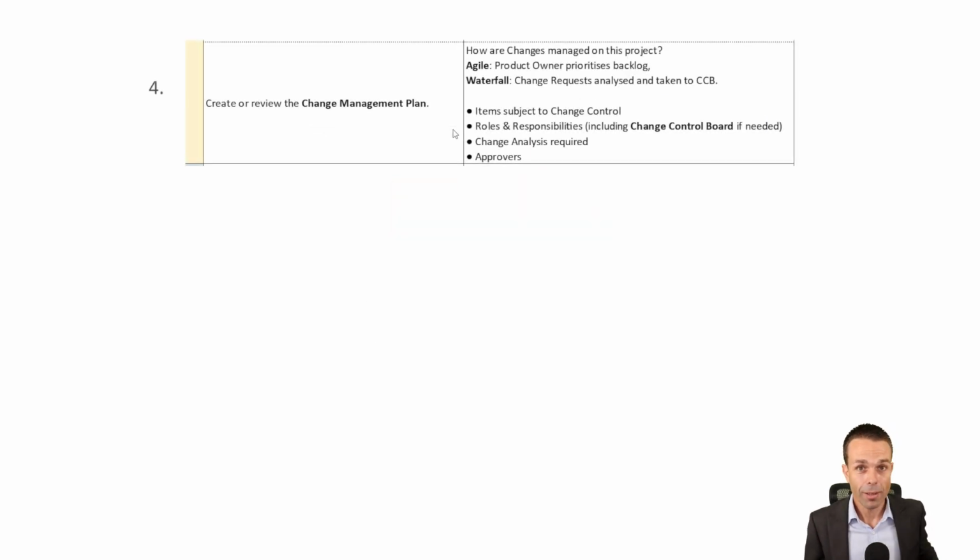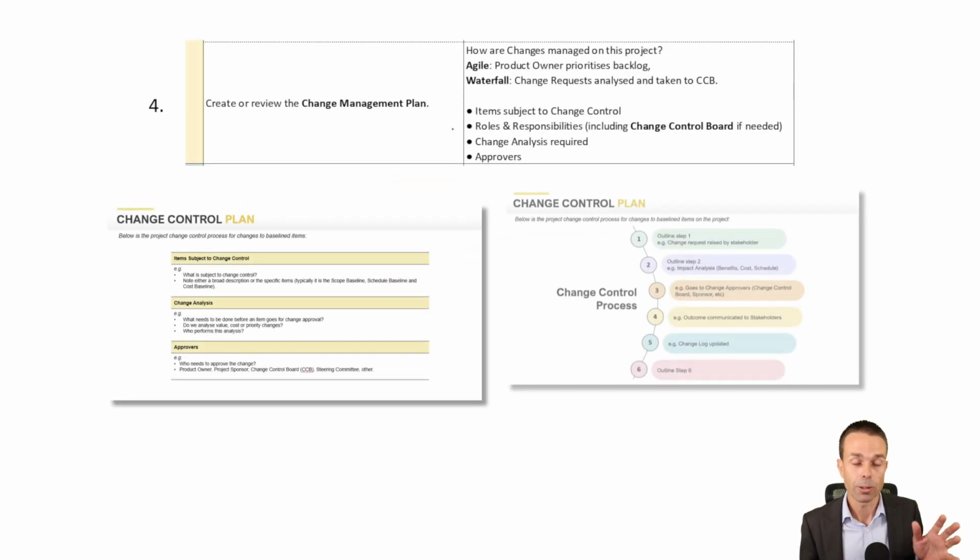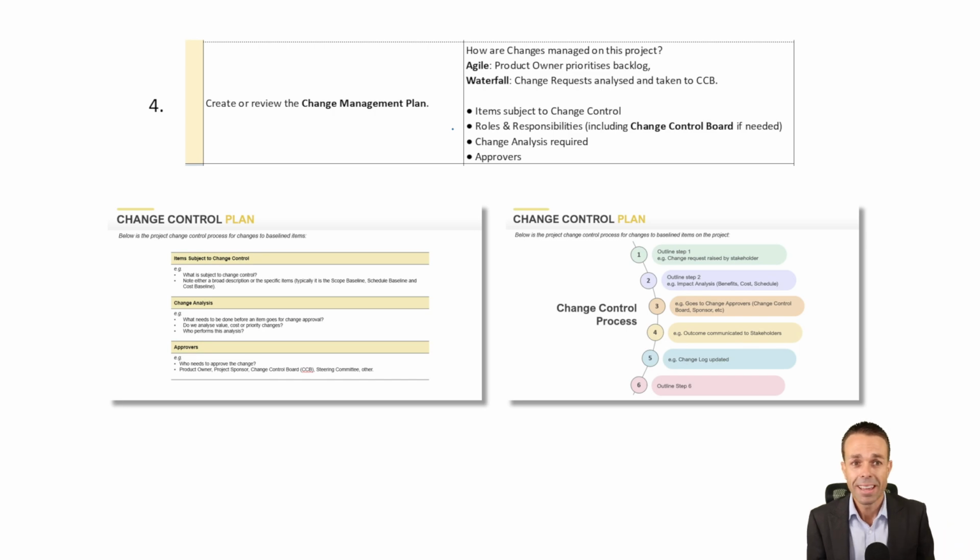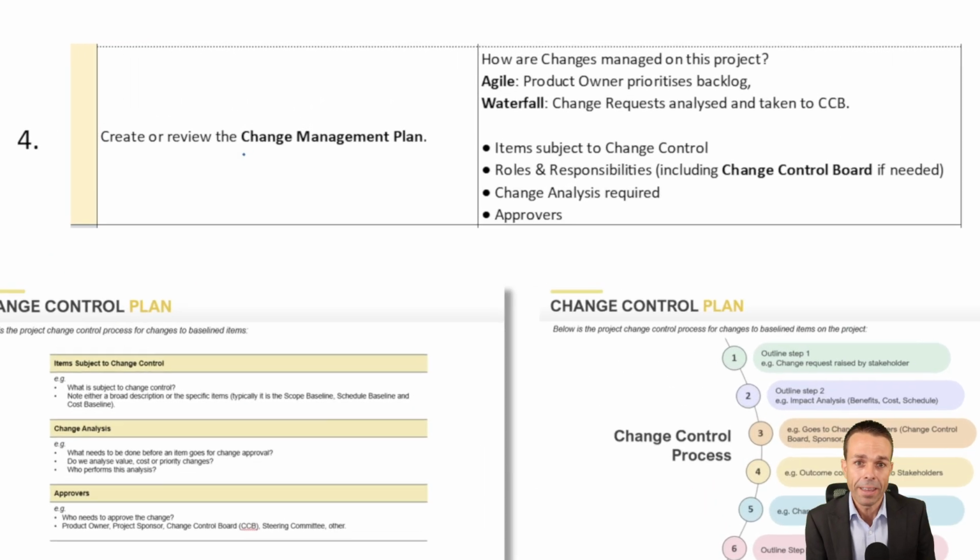Now, there are a few other little plans that we can do when we're planning out our project. And the next one is the change management plan, or the change control plan. And we need this to start planning out how are changes managed on this project. What if we need to change the scope, or the schedule, or the cost, if any of those things are significantly different to the way we had planned?